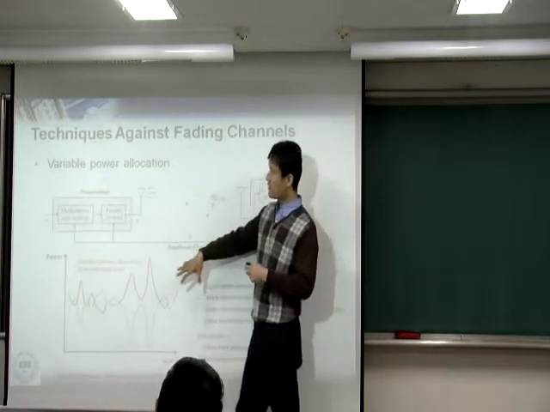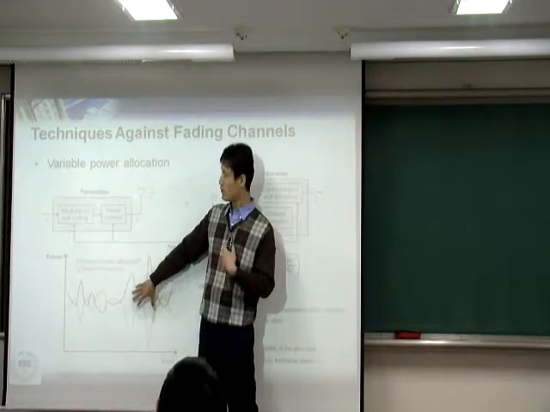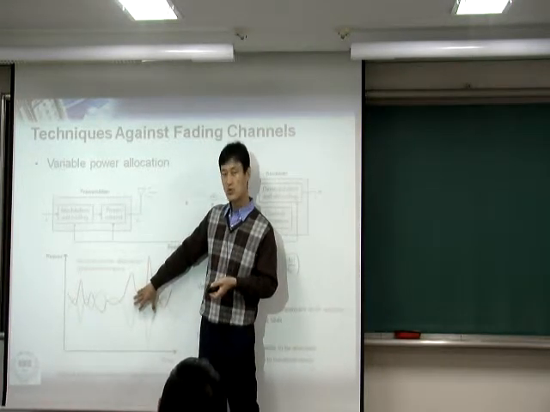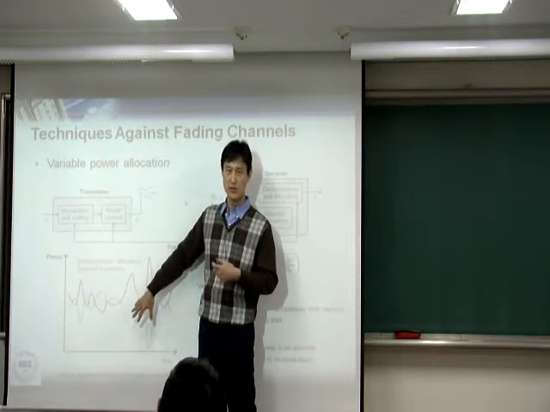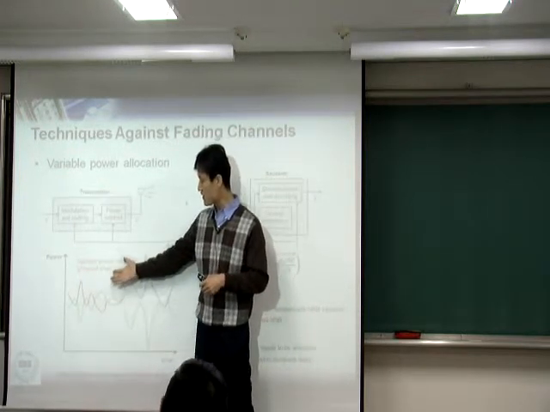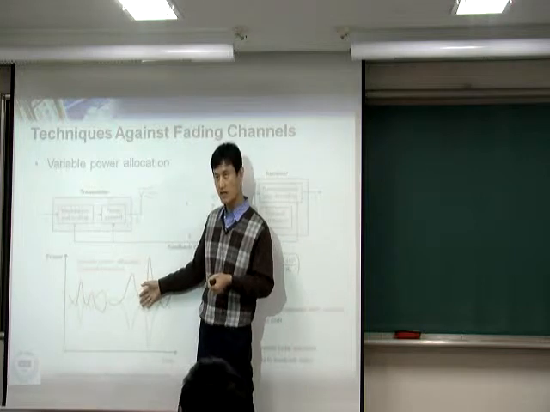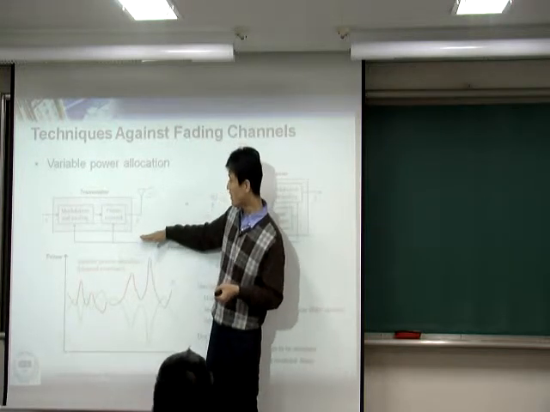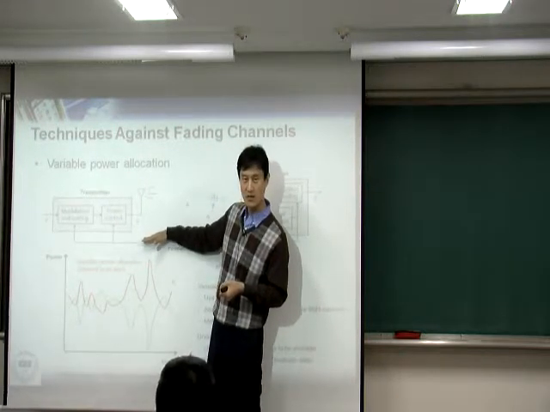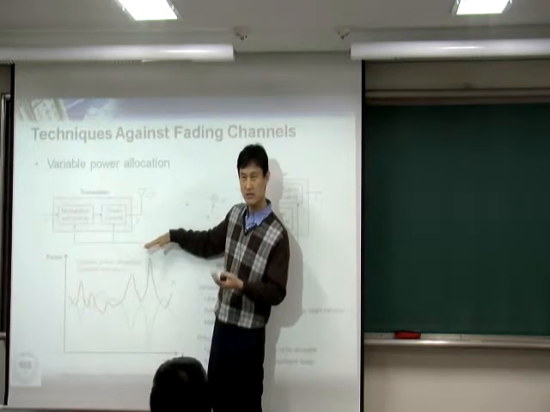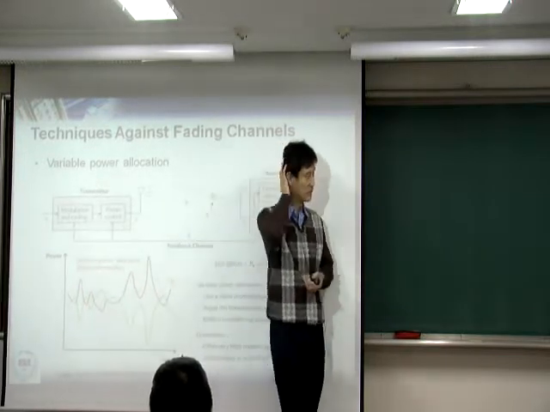So if you really want to apply this, what we need to do is use some truncated channel inversion, which means that we try to make a channel inversion as much as we can, but the power has to be truncated at some point. Maximum power cannot exceed some value. That's a truncated channel inversion.